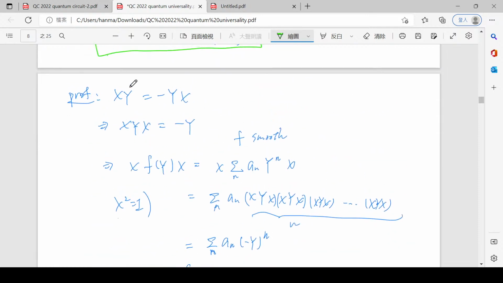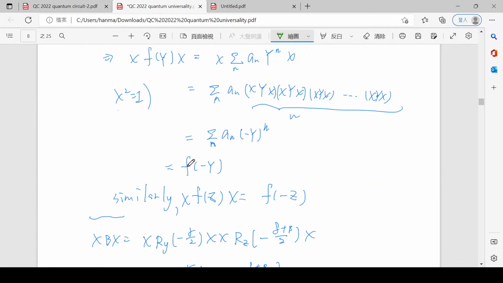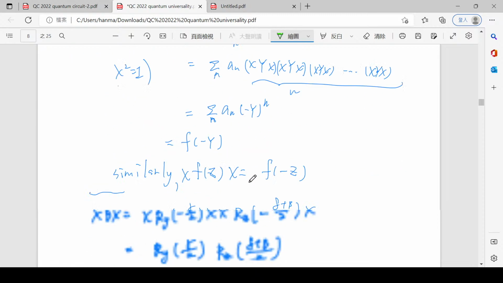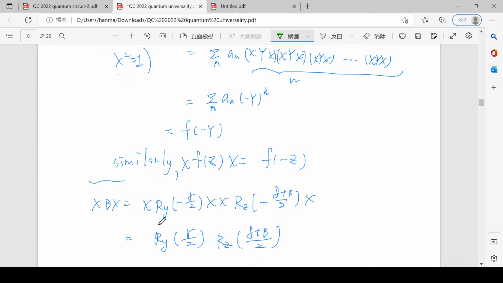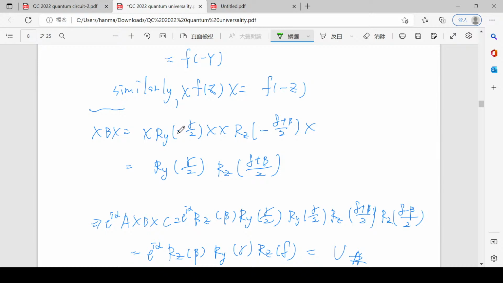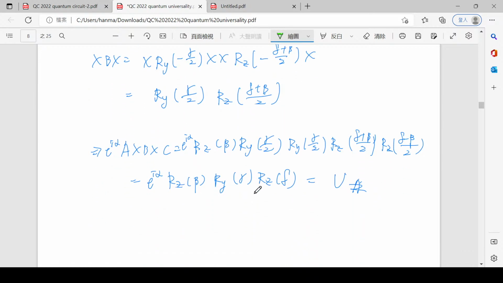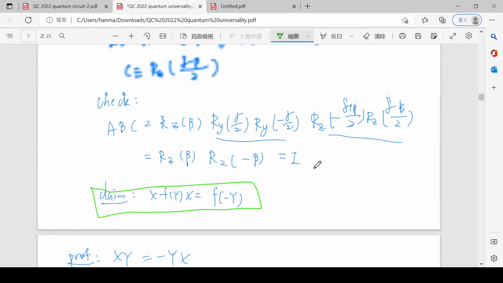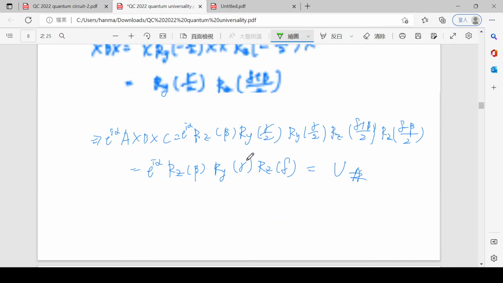And you can see that if you just replace y with z in the whole proof, it works. So this is actually also true for z. So what we are trying to say is, our B is a rotation on y and another rotation on z. Then you sandwich this with x. You can once again put two x's between the y rotation and z rotation. Then that will just negate this angle and negate this angle. And now you see that B will pick up those funny numbers because we set up everything nicely.